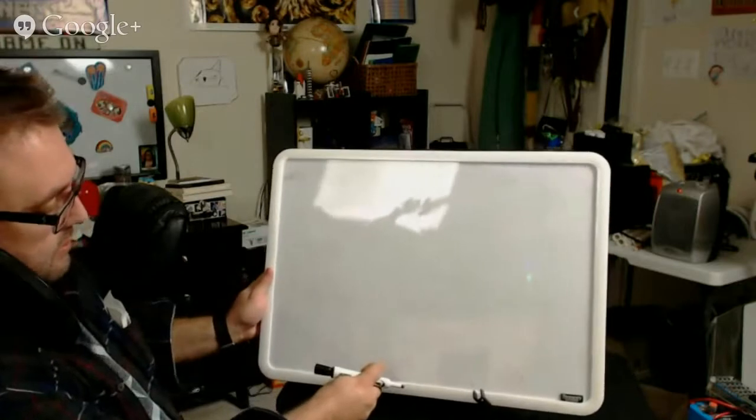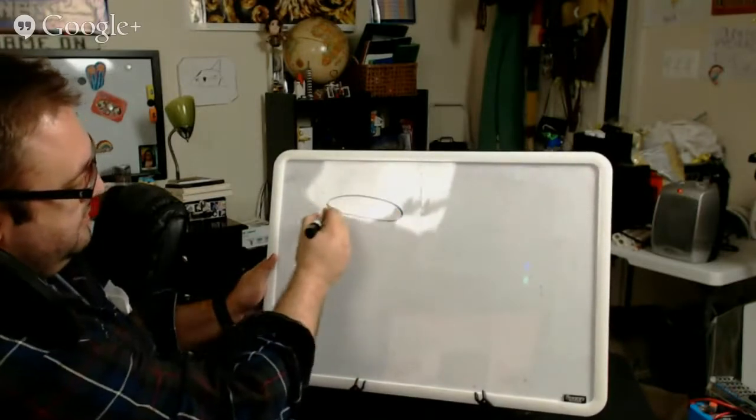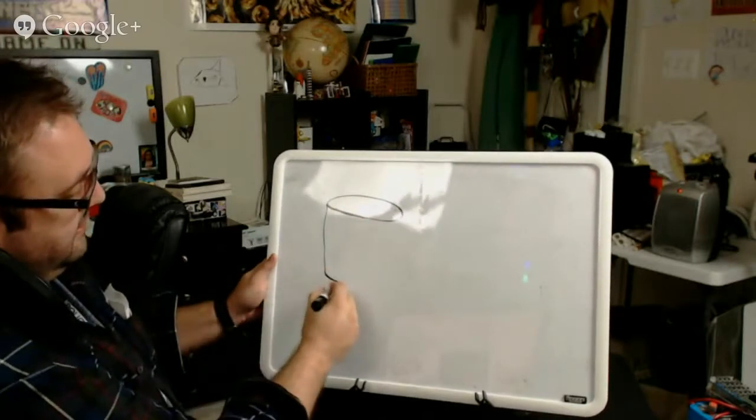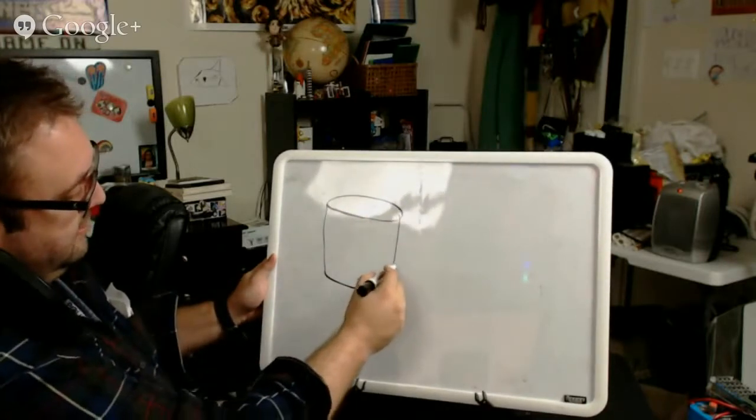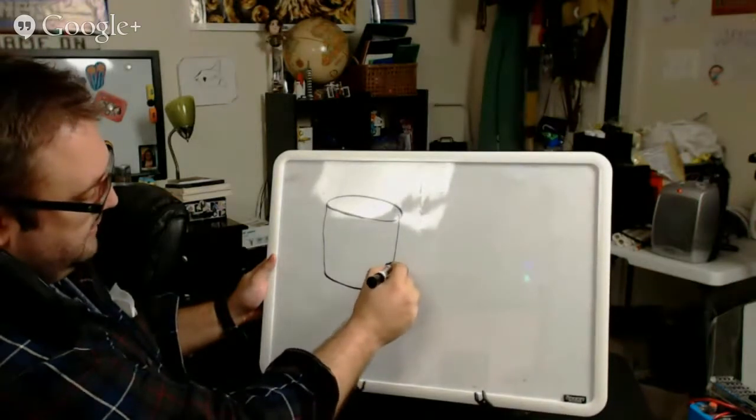So, real quick summary review. We drew the whole little water tank that has a little spigot on it. We'll give it a little knob here.